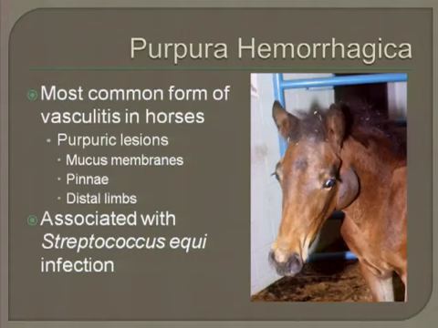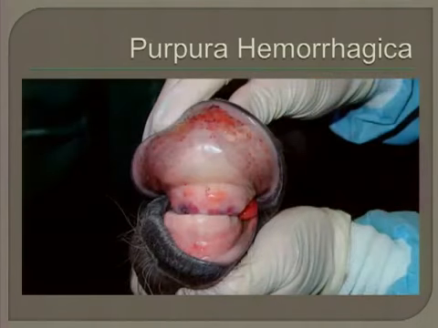What happens basically is that a horse will develop symptoms of strangles, swelling of the lymph nodes, maybe upper respiratory signs, and then usually 2 to 4 weeks later they develop the vasculitis lesions. So the treatments for purpura hemorrhagica would include steroids, but also antibiotics to make sure that the strep equi infection is taken care of. So here you can see the very classic purpuric lesions with this.